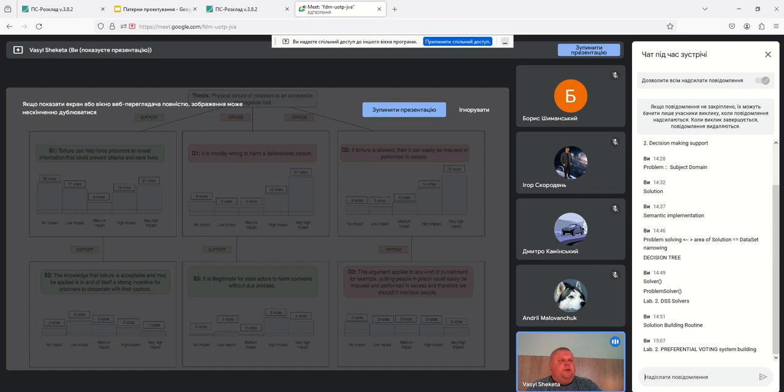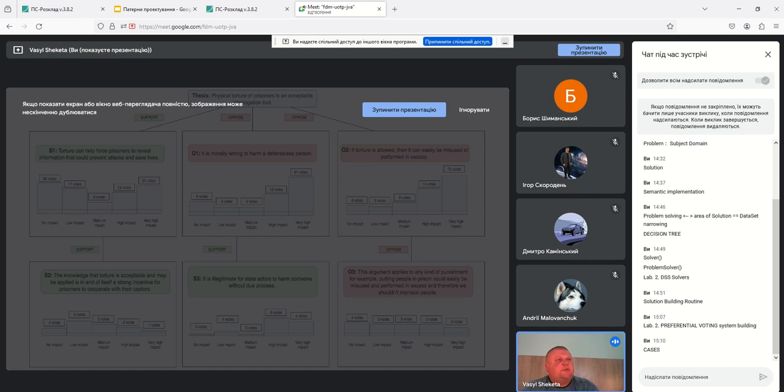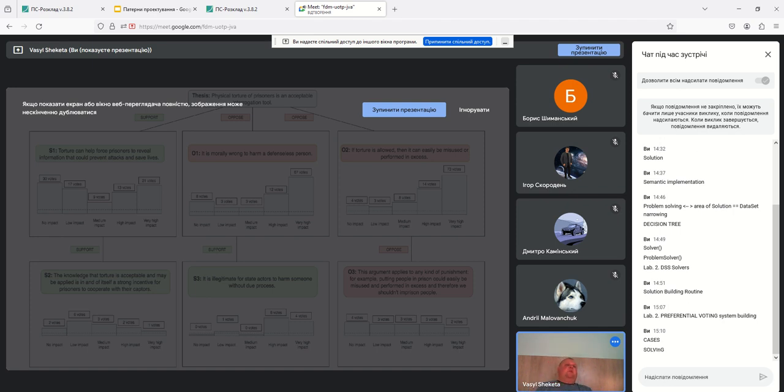So when we are talking about preferential, we can say, for sure, about cases. Previously we were talking about solving. So maybe solving cases is what we plan to get.